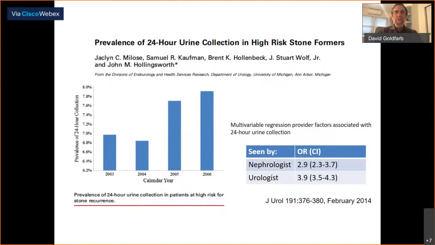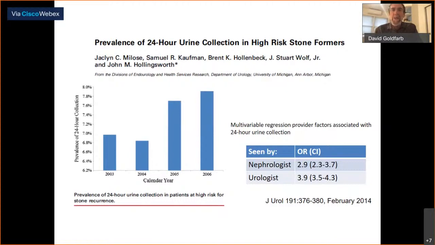Most patients with recurrent kidney stones or at risk for kidney stones did not have a 24-hour urine collection in the United States. You can see that the odds ratio for getting a 24-hour urine collection was greater if you saw a urologist than if you saw a nephrologist. That's slightly embarrassing to me, but it's to the credit of urologists that they care about this, and Glenn is certainly a pioneer in thinking about this topic.